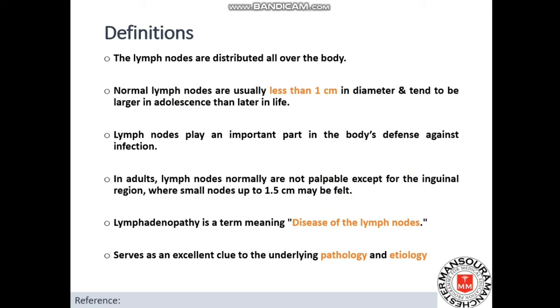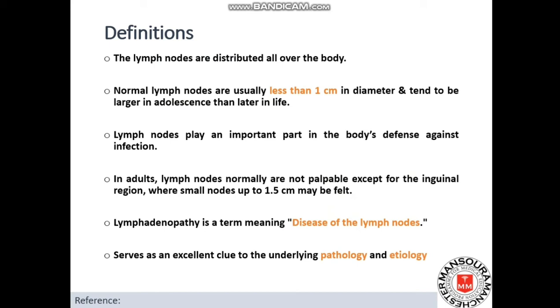Normal lymph nodes are usually less than 1 centimeter in diameter and tend to be larger in adolescents than later in life. Lymph nodes play an important part in the body's defense against infection. In adults, lymph nodes normally are not palpable except for the inguinal region, where small nodes up to 1.5 centimeters may be felt.